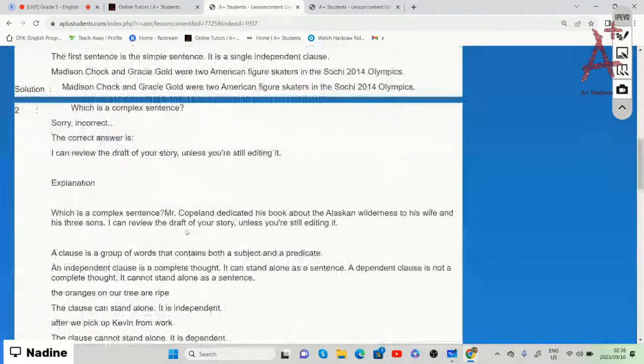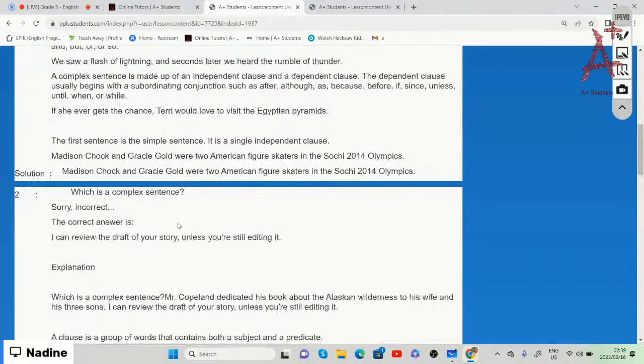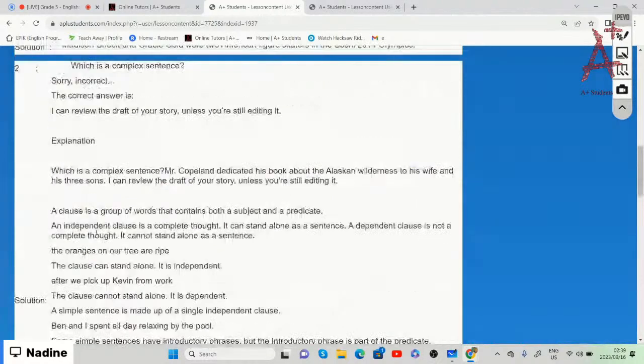Now if we look at the next one, which is a complex sentence? Remember we said a complex sentence has an independent clause and a dependent clause. Is it: Mr. Copeland dedicated his book about the Alaskan wilderness to his wife and his three sons?